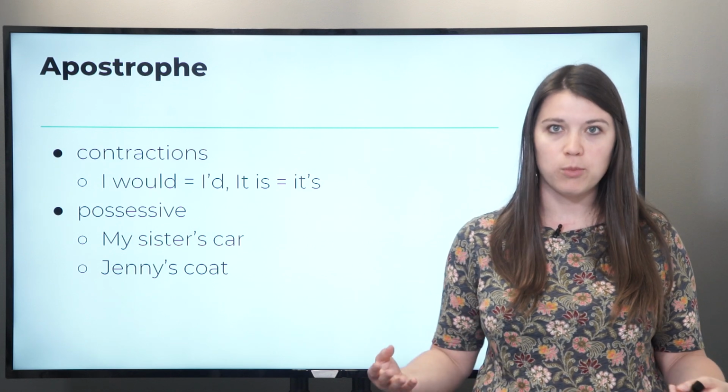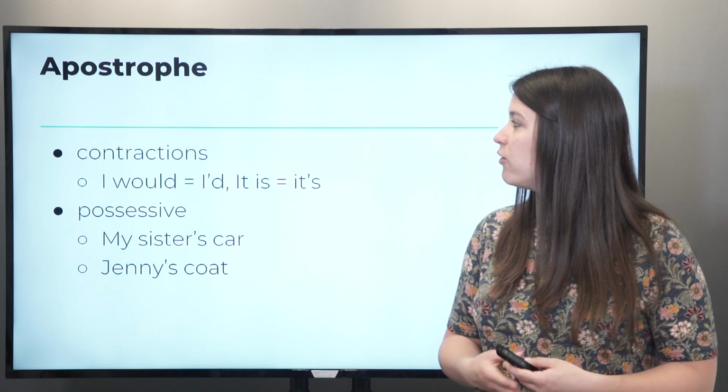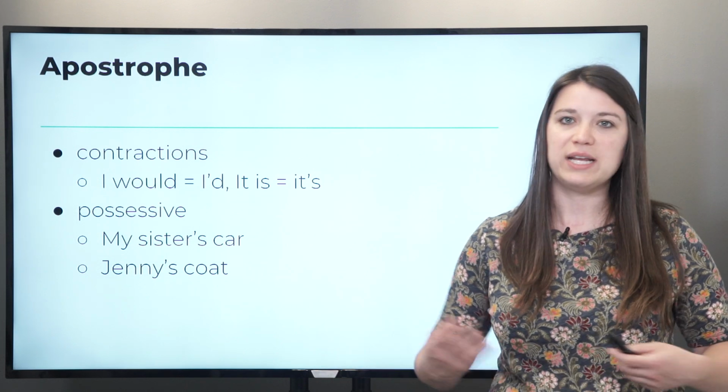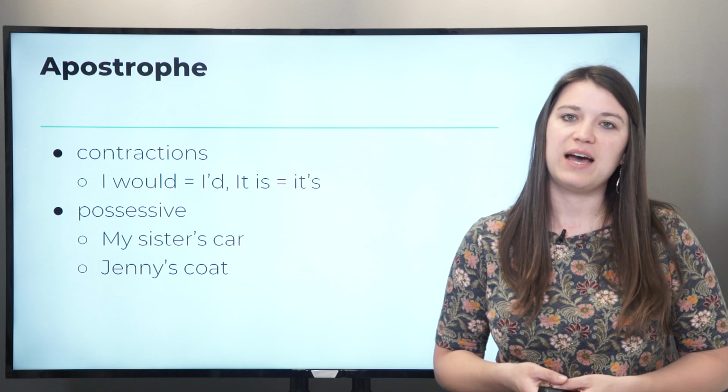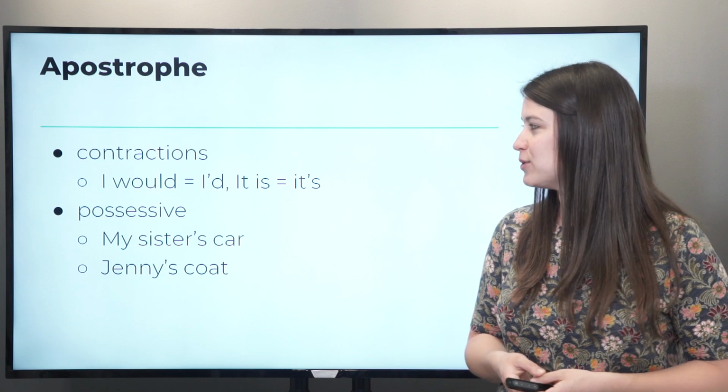So if you're writing a formal paper or something, you should use the full form. Don't use contractions, but if you're just writing an email to a friend or something like that, then you might want to save time and space and use contractions.